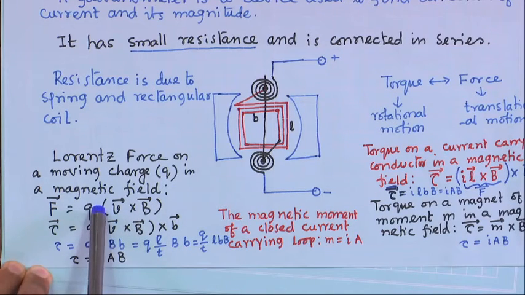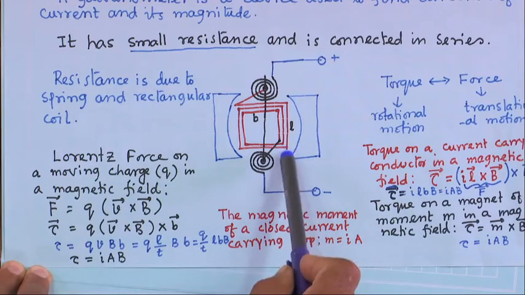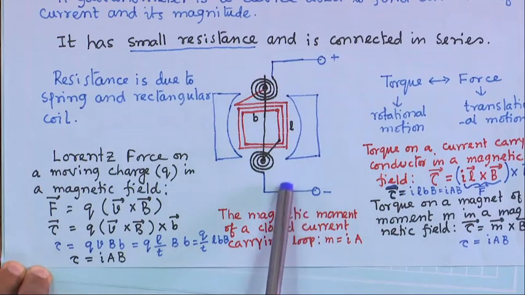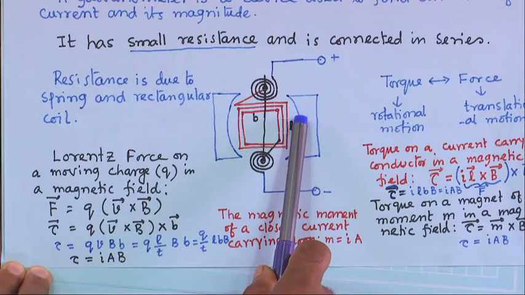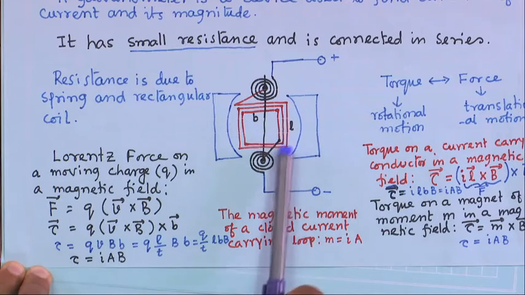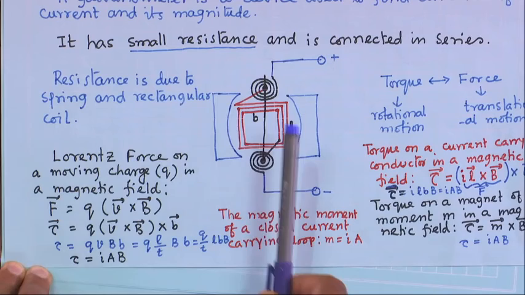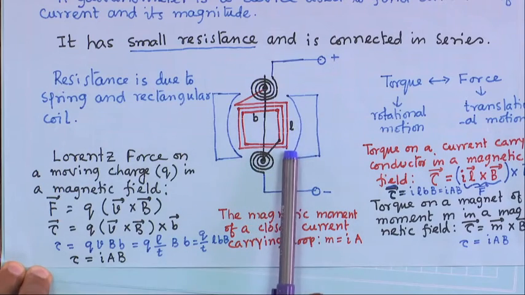Here current is flowing, which means charge is flowing with time. So, Q by T is the current, and V is basically distance by time.